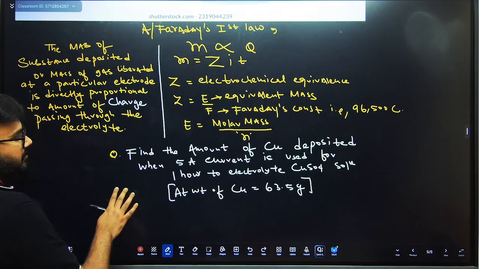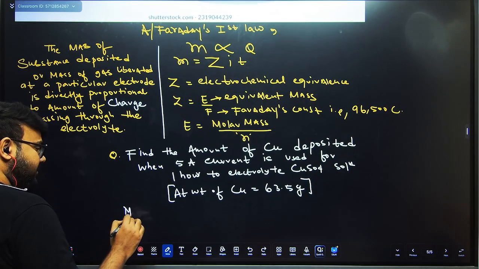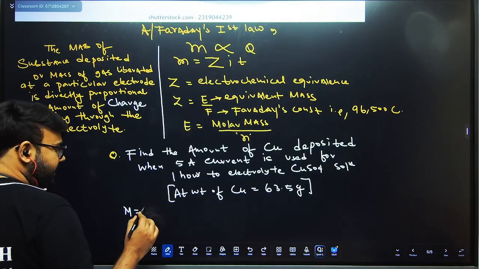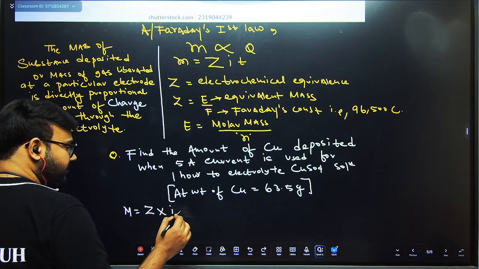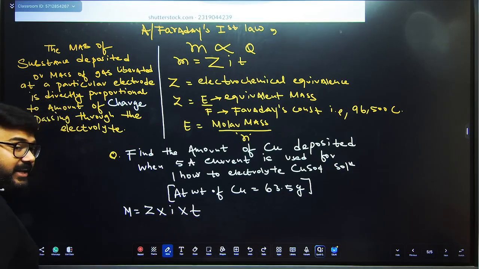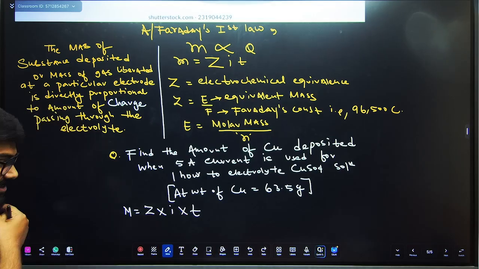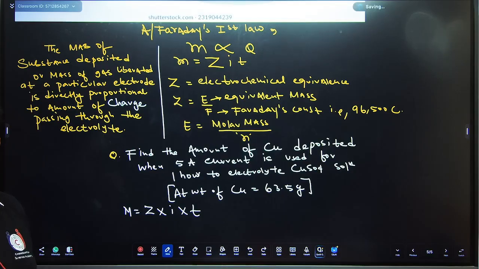So find the amount, which means the mass. m is equal to Z I t. Yes, that's correct. 5.9 something, what? 5.9, one more value I need. No, 5.9 something. Solve it. Yes, that's correct, Kavish.